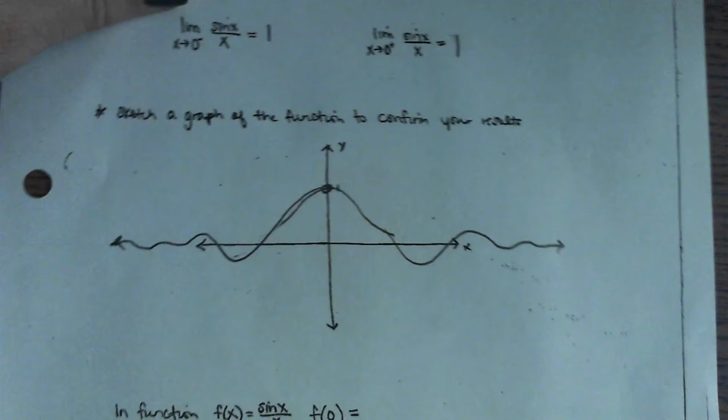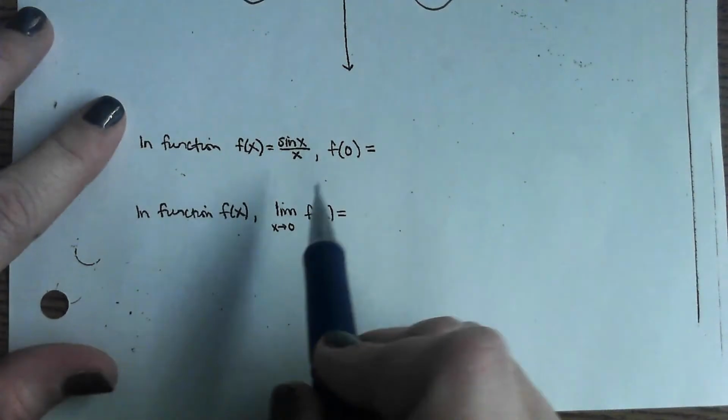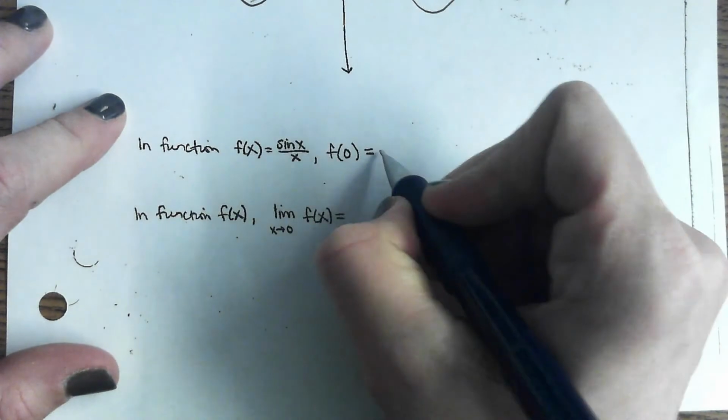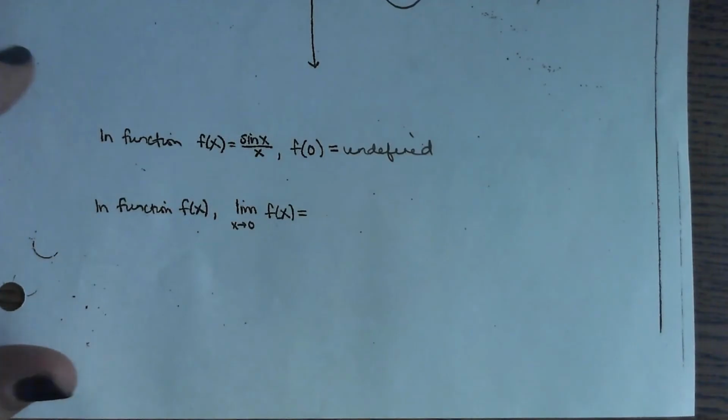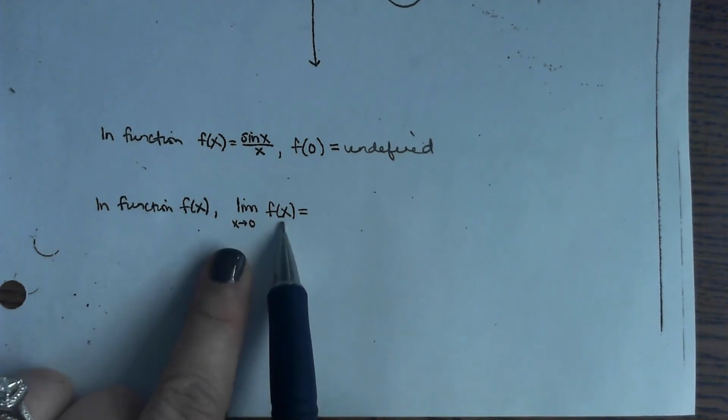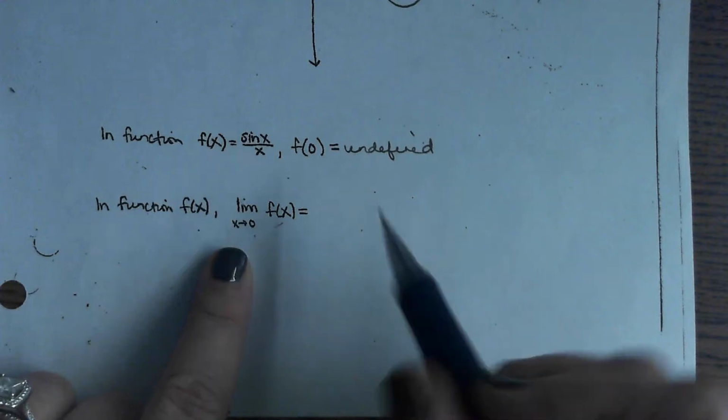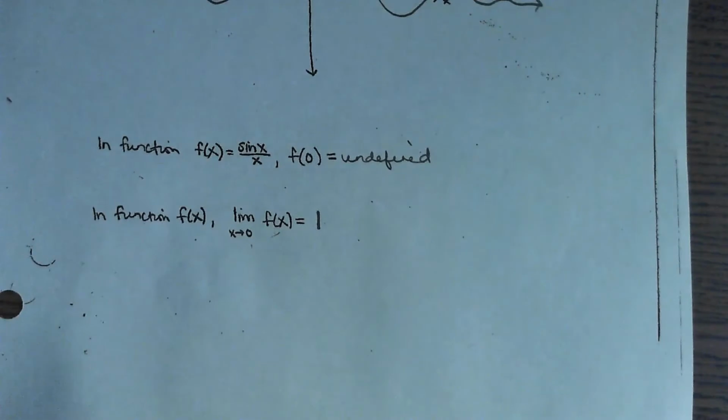All right, so here's the important takeaway. In the function, f of 0 is undefined. We showed that above, because when you plug in 0, you have a 0 in your denominator, and it's undefined. But the limit of this same function as you approach 0, meaning the intention of the graph, is to hit 1.